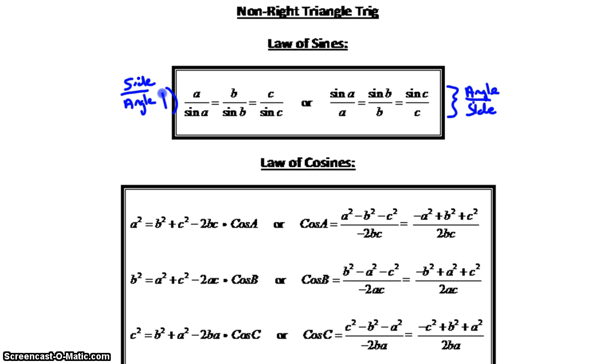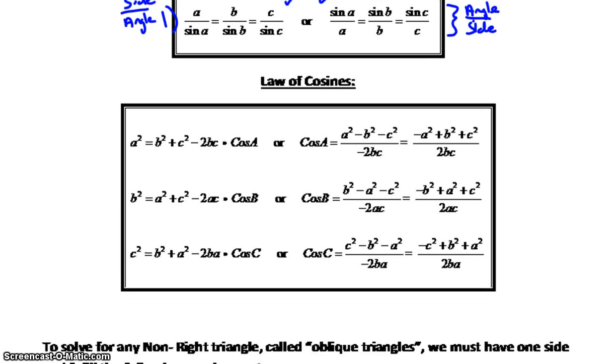Both are useful depending on what I was looking for. If I was looking for a side that was unknown, I would choose to have the sides on top, so I wouldn't have to do an extra step. Likewise, if I was looking for an angle, I would use the angles on top. We'll talk about that further at a later point.